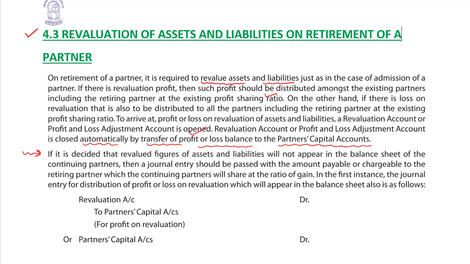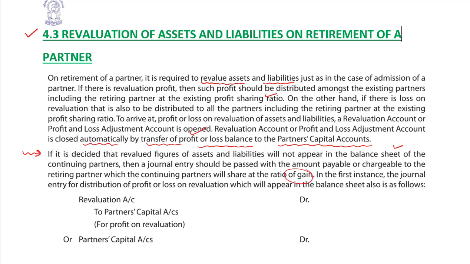If it is decided that the revalued figure of assets and liabilities will not appear in the balance sheet of the continuing partners, then a journal entry should be passed with the amount payable or chargeable to the retiring partner, which the continuing partners will share in the ratio of gain.